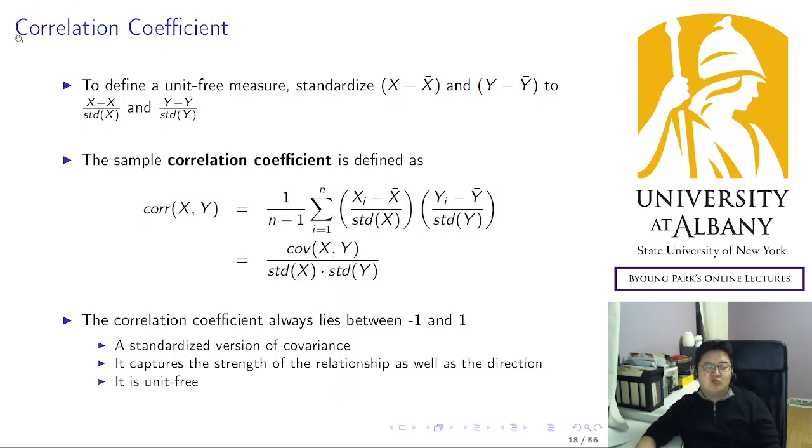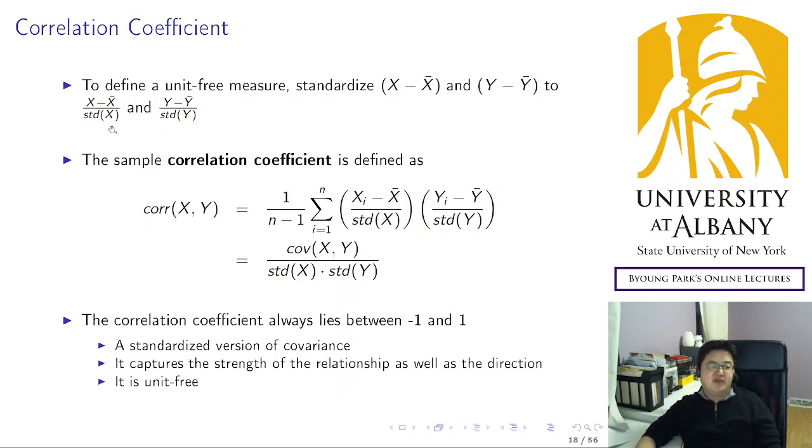Now, how do we make a correlation coefficient? The idea is we standardize. We use the same standardization we learned in the normal distribution chapter. Again, if you divide the deviations by standard deviation, then now it's unit free.